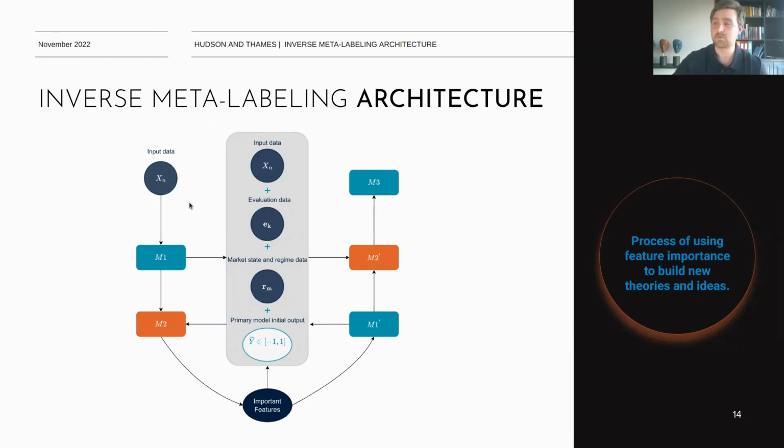What we would do here is first fit a secondary model that we don't necessarily care about for its prediction power, but rather want to use for feature importance. We define inverse meta labeling as the process of using feature importance to build new theories and ideas. So we would have the primary model going into the secondary model.